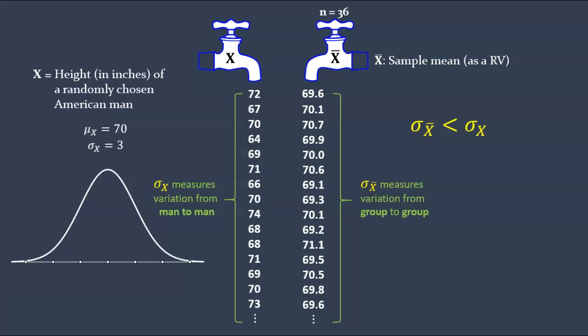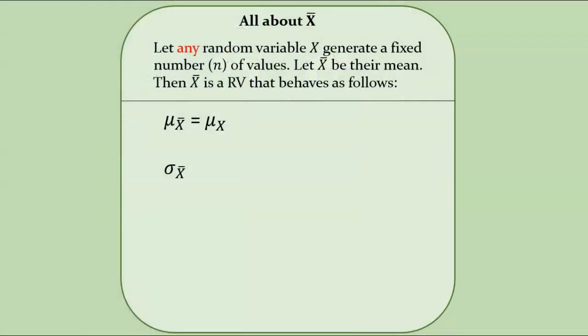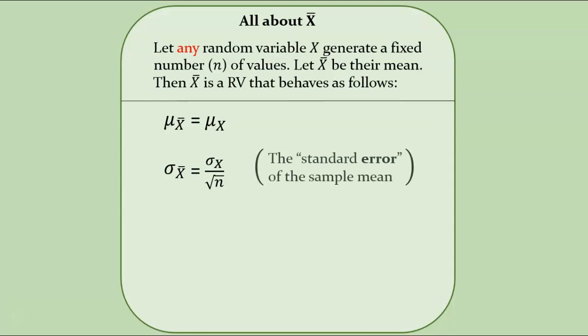There is, in fact, a precise relationship between the standard deviations of Xbar and x. Namely, the standard deviation of Xbar is the standard deviation of x itself divided by the square root of the sample size. A bit of terminology while we're here. The standard deviation of Xbar is often called the standard error of the sample mean. Don't let this confuse you.